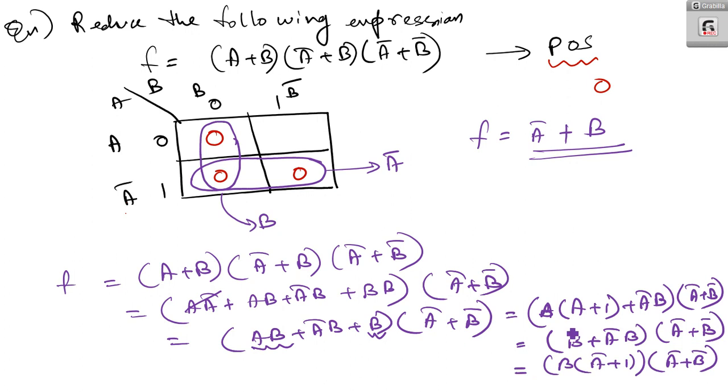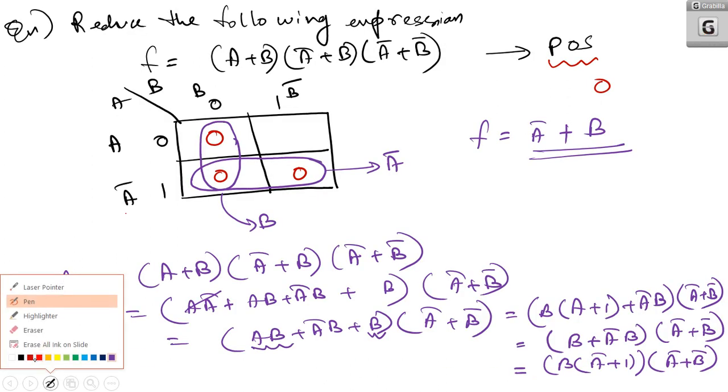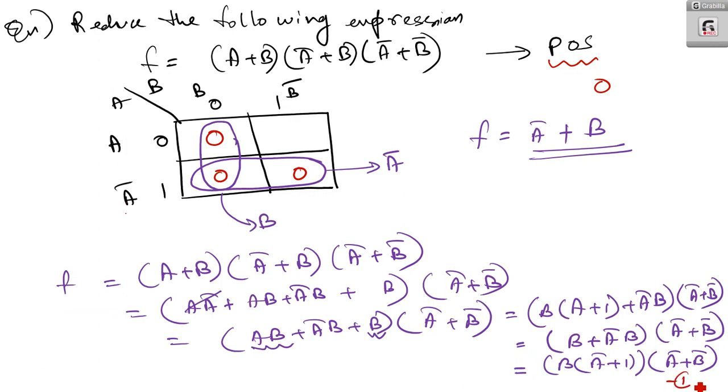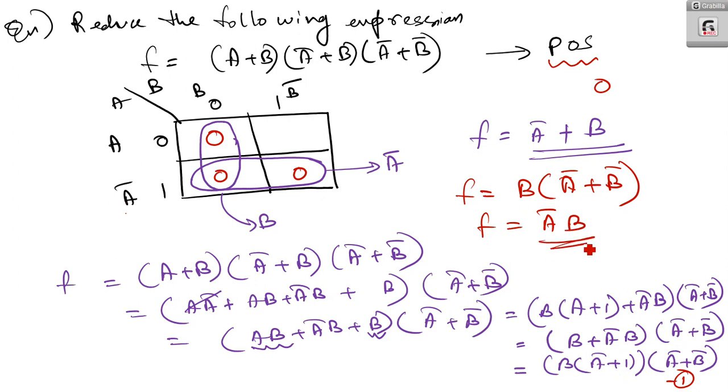Now if you are further simplifying equation number 1, what we get is F is equal to, A bar or 1 is 1 itself, so you get B and A bar or B bar. So what is the corresponding answer? F is equal to A bar B. Since I have expanded this, I am getting SOP form, and the other is the corresponding POS form.